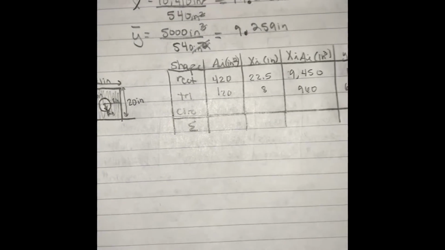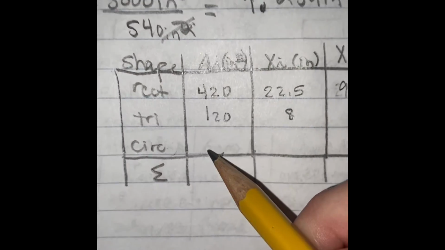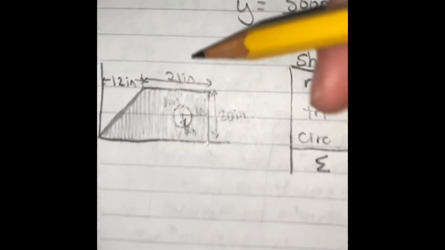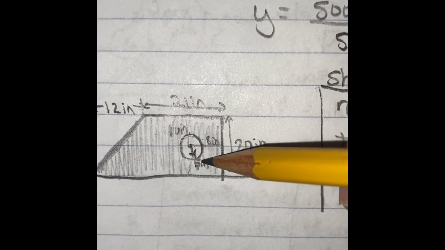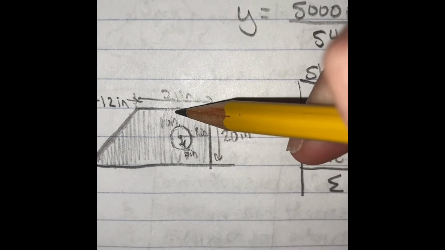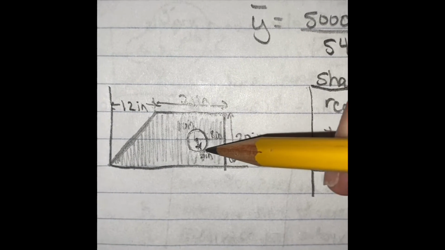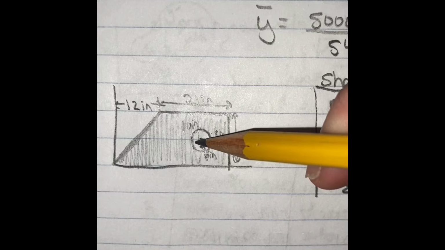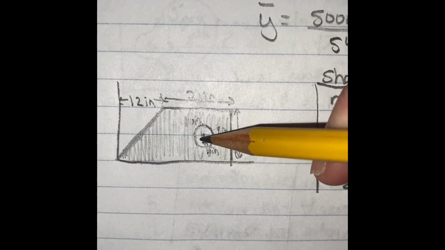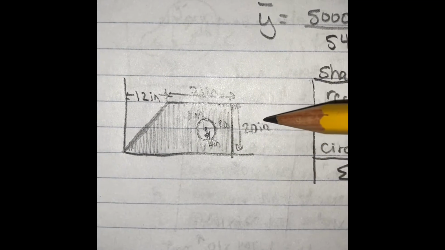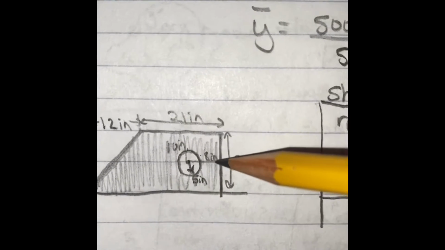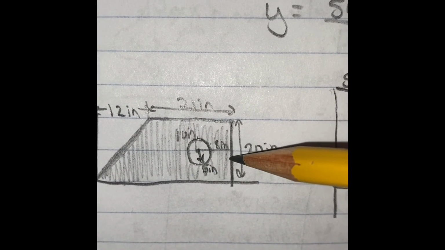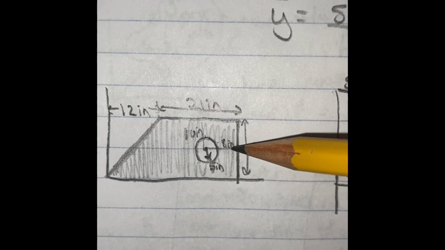So for your circle, you want to do the same exact steps in finding the area, which is pi r squared. For the new dimensions, I've got the radius of 5. From the x-axis, it'll be 10 inches up or down, either way you look at it, since it's 20. And then I've got it going 8 inches from this line.